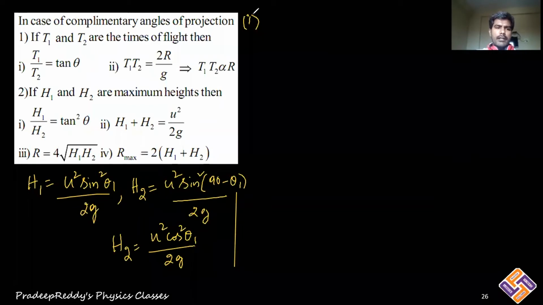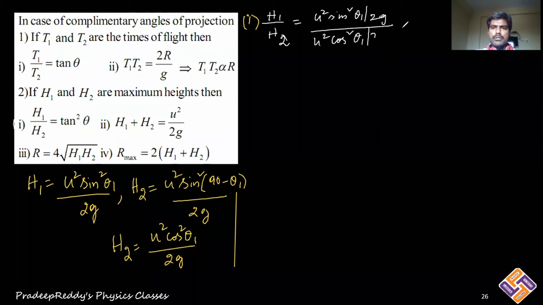See, we have already known what are H1 and H2. H1 and H2 values we have written here. We will be substituting that in this first question. So H1 by H2 is equal to tan square theta. We need to prove that. H1 divided by H2 is equal to u square sine square theta 1 divided by 2g by u square cos square theta 1 divided by 2g. 2g gets cancelled, u square gets cancelled.